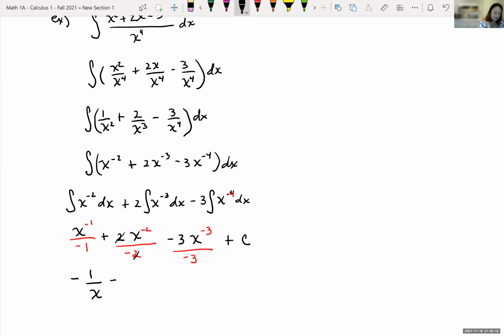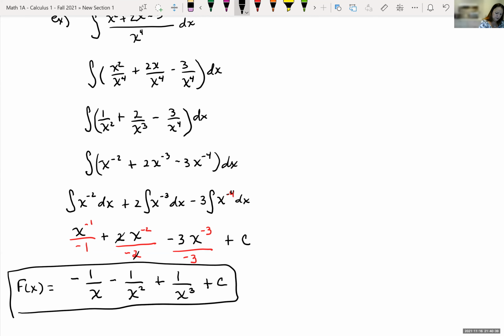So this is negative 1 over, I can bring that x squared down. 3's cancel, 2 negatives make it a positive. 1 over x cubed plus c. I'm okay with you leaving it like that. You could technically, if you wanted to, get a common denominator and rewrite that as a single fraction.